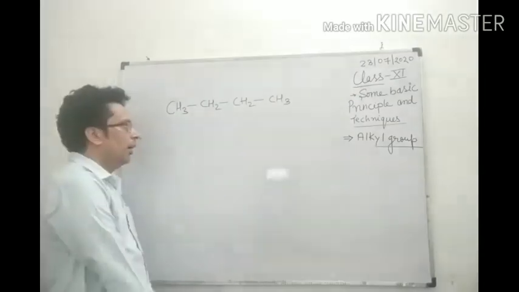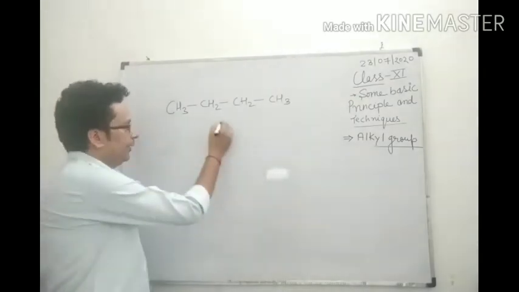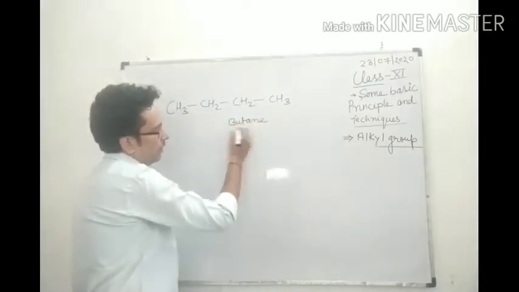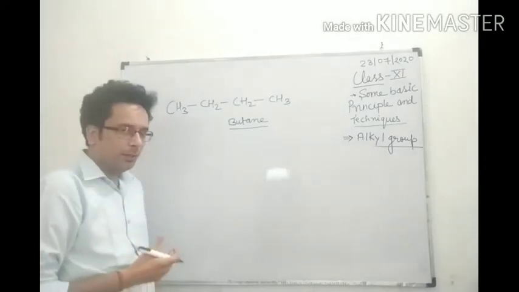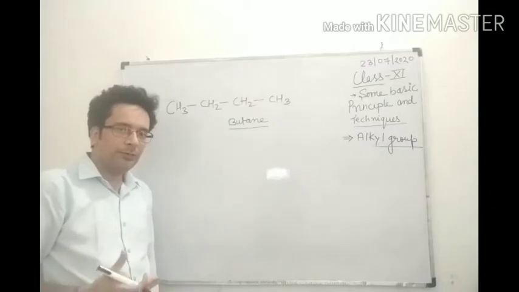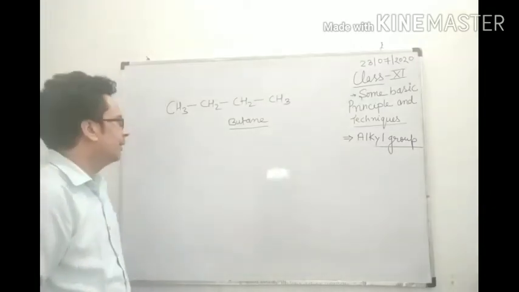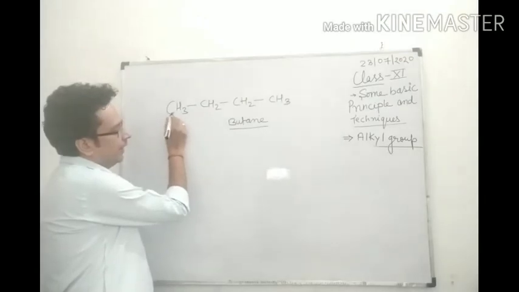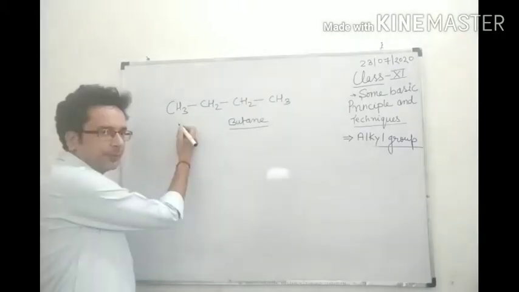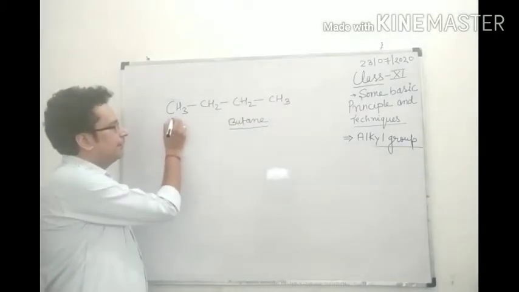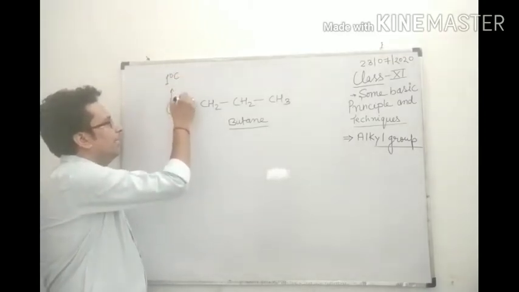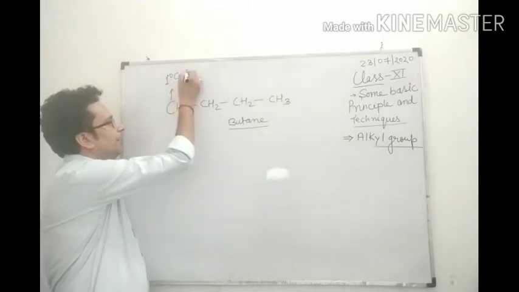Now the group obtained by the removal of one hydrogen from butane is known as butyl group. Look here, CH3 is combined with this carbon, which means this is a primary carbon and the hydrogens are known as primary hydrogen. So this carbon is 1 degree carbon and the hydrogen is 1 degree hydrogen.